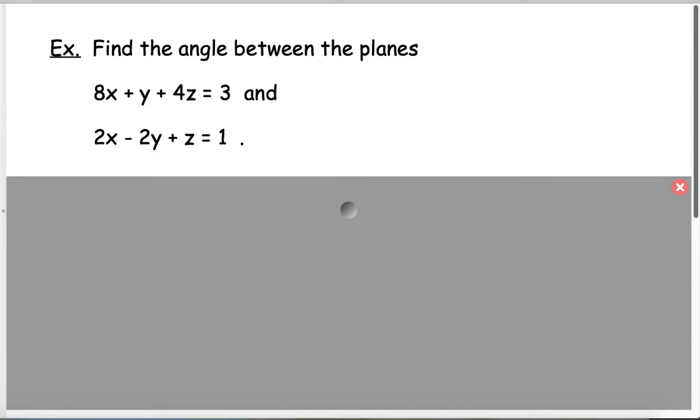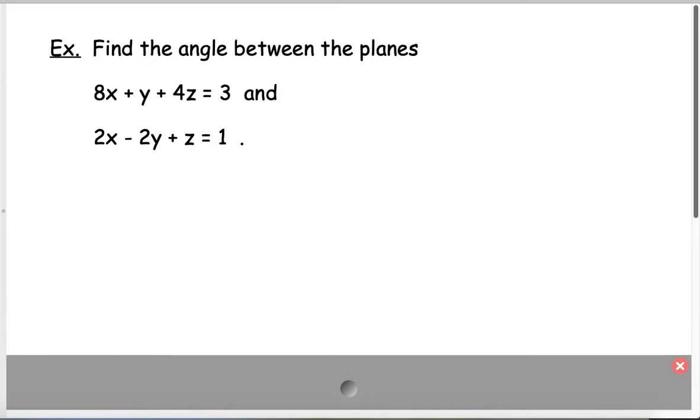Okay, what if we want to find the angle between the planes? So this is an interesting one. And so what I think the best thing to do is to visualize, let's say if you look at the corner of the room you're in, and you've got where two walls are meeting.